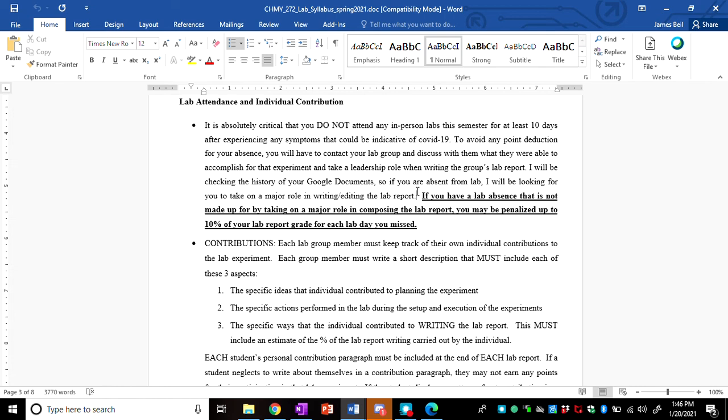So as long as you're active and engaged and collaborating by planning the experiments, by discussing everything in your Discord chat, and by being present in the lab, and if you do miss a lab, and so you can't actually carry out the experimentation, you make up for it by being extra active in planning and extra active in contributing to writing and editing the lab report. Then everyone in your group will get the same grade on that lab report.